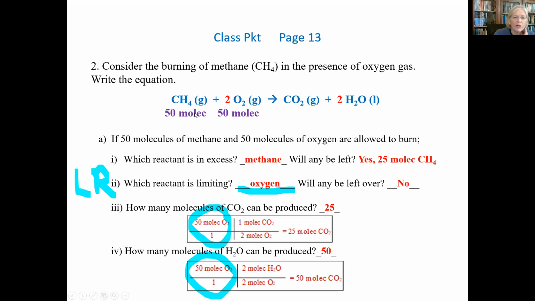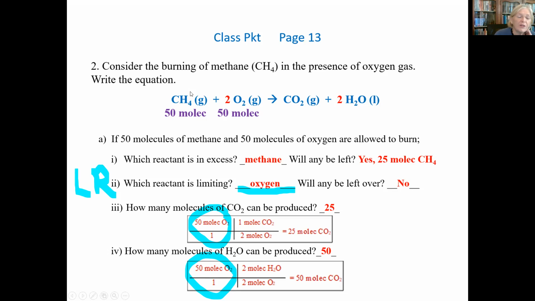So, from looking at the 50 and 50 molecules compared to the 1 and the 2 coefficient, you can see that it must be oxygen that's the limiting reactant, because if you are able to react 50 molecules, you only need half as much methane. That would be 25 molecules. Do you have 25 molecules of methane? Yes. So methane cannot be the limiting factor. Let's go the other way.